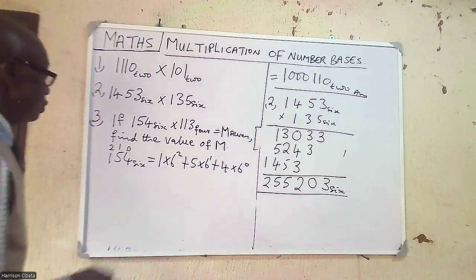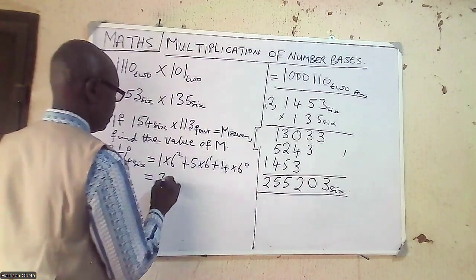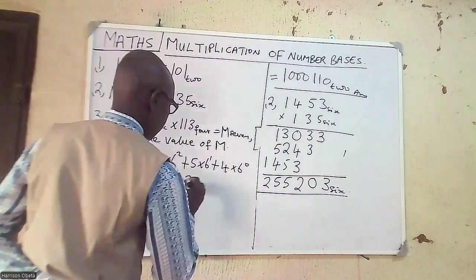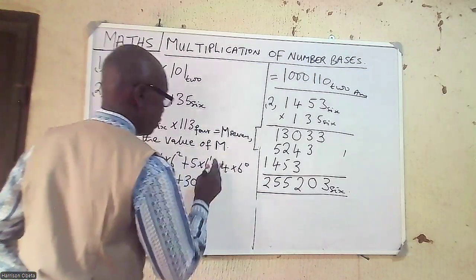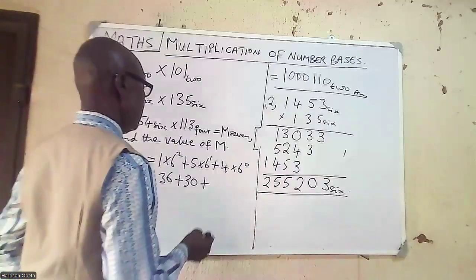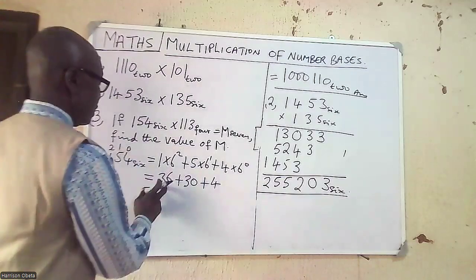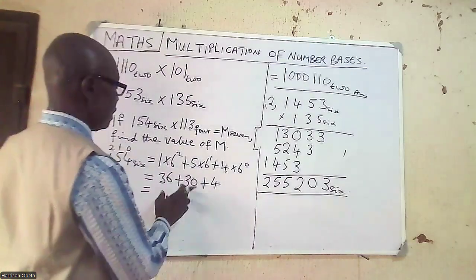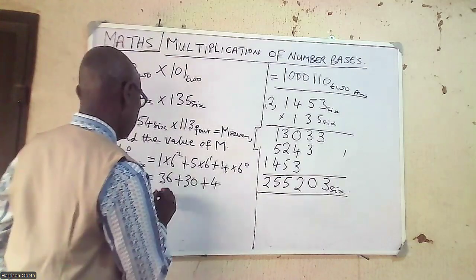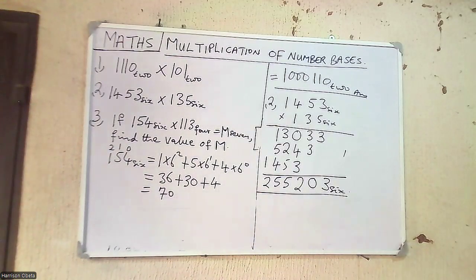And then to continue, we have 6 times 6 is 36 times 1 is 36, plus 5 times 6 is 30, plus 4 times 1, because any number raised to 0 is 1. So 4 times 1 is 4. That will give us 36 plus 30 is 66, plus 4. That is 70. This 70 is now in base 10.